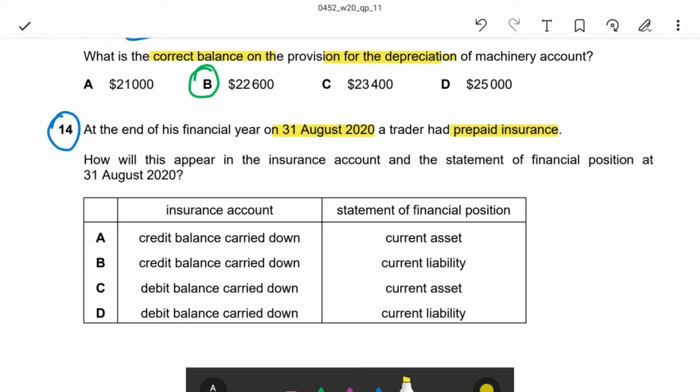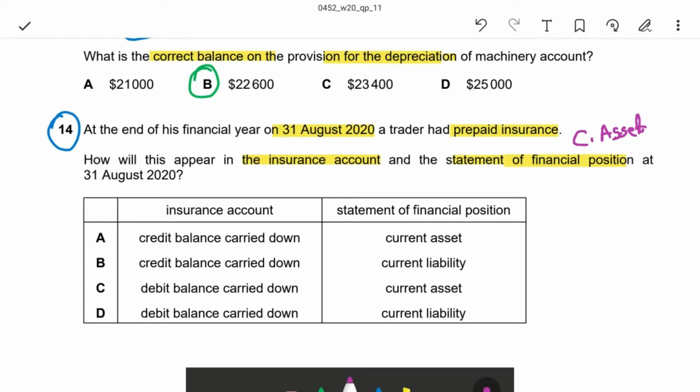How will this appear in the insurance account and the statement of financial position? Prepaid insurance means the business is paying before time, before getting the service. So in the statement of financial position, it goes to the current asset.